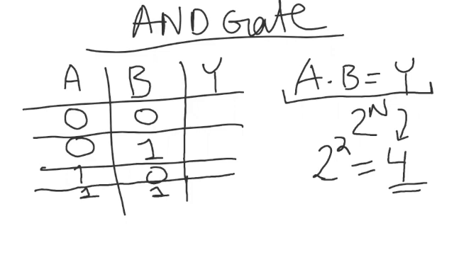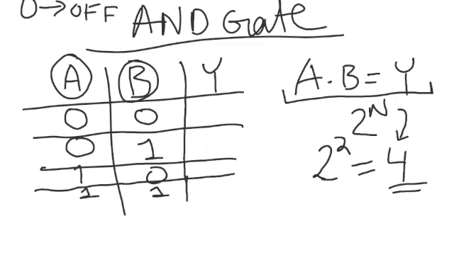So after making 4 rows, as I said, for the AND gate, the output is on only when all inputs are on. As I can see on A and B, these two inputs are 0. 0 means off and 1 is on.